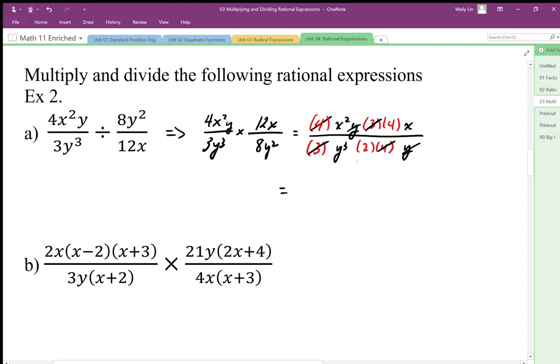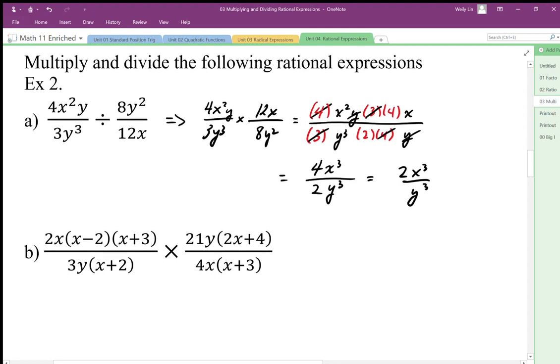So what's left over in the numerator is going to be 4x to the power 3 because we have 3 x's. In the denominator, I'm left with 2 and y cubed. Since I forgot about those factors, I still have to simplify that to 2x cubed over y cubed. I forgot that there's an extra factor of 2 here that could have canceled out.